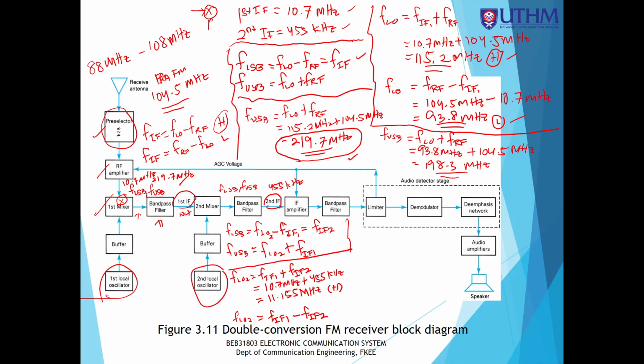Why? Because if this is a low side injection, that means the local oscillator frequency must be less than the input, which is the first intermediate frequency. So this is equal to 10.7 megahertz minus 455 kilohertz.